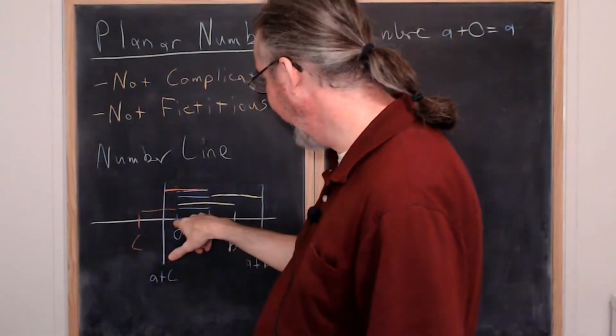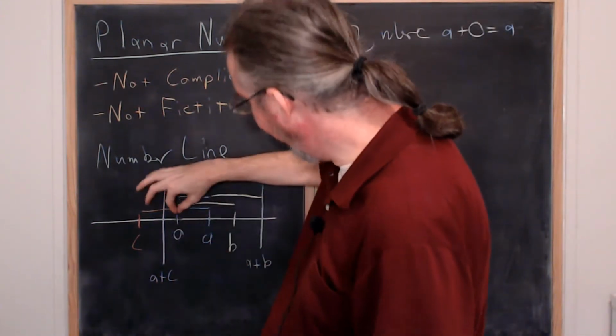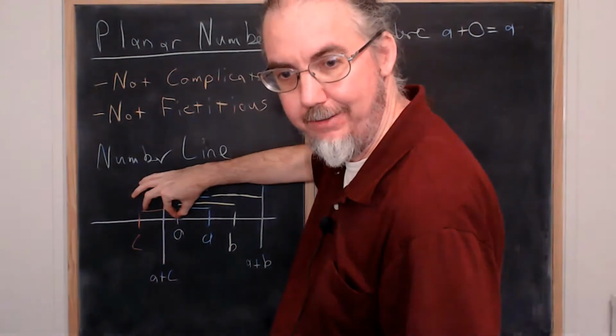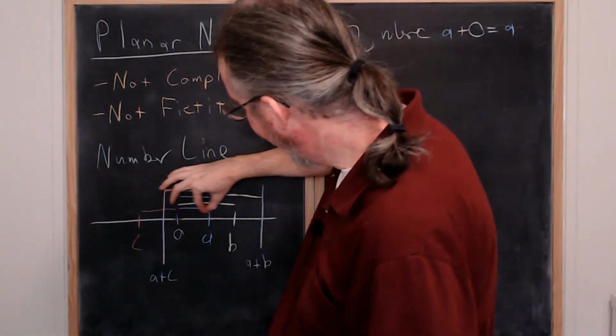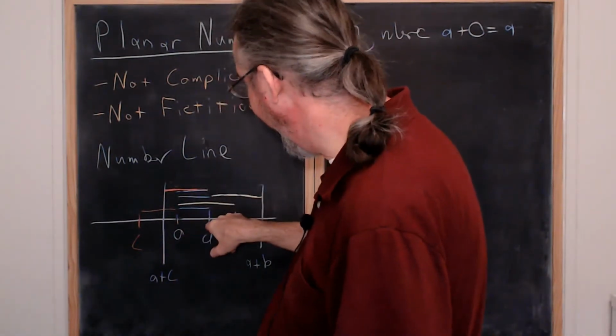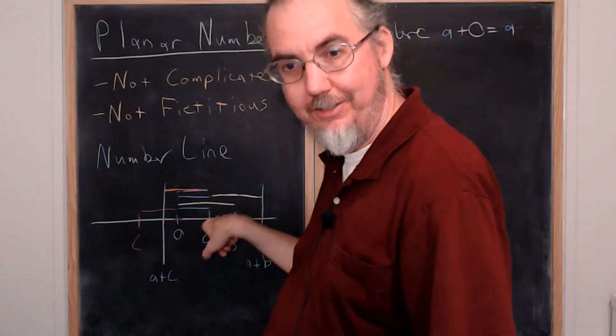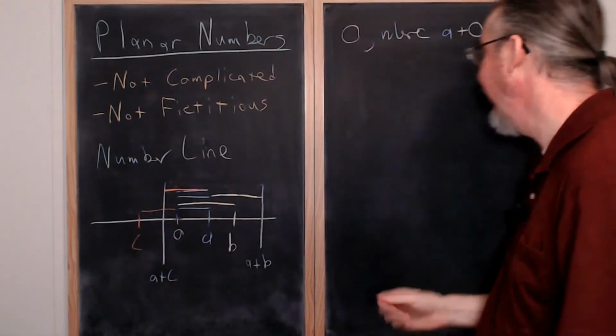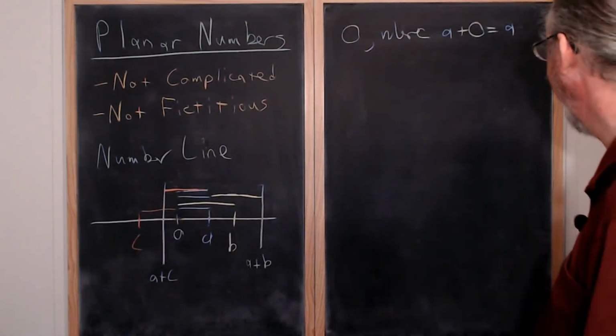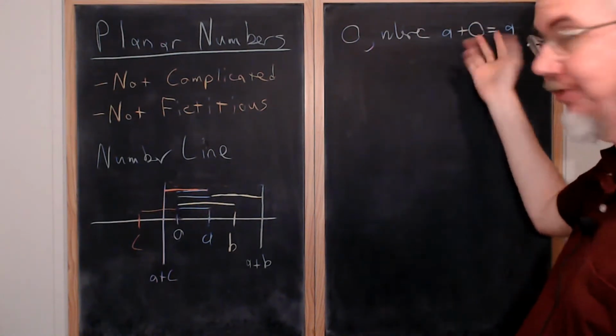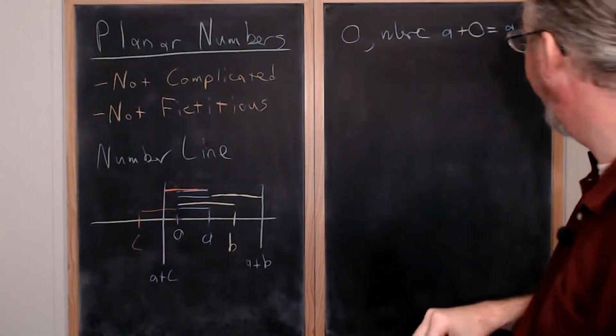We first go A units, then we move nothing, no sliding at all, so we end up exactly where A is. We can also reverse that: 0 plus A equals A.